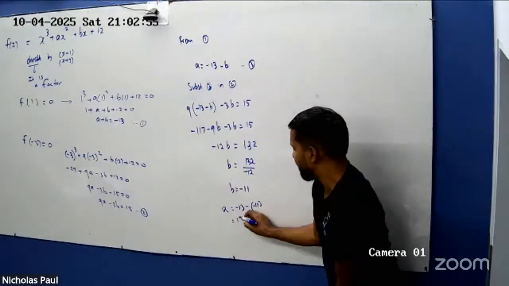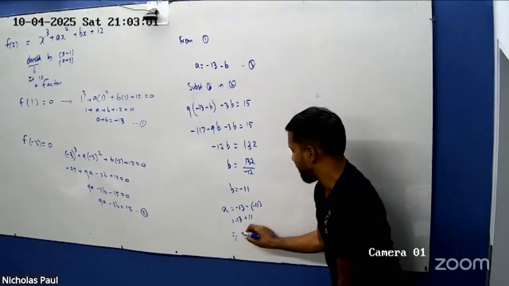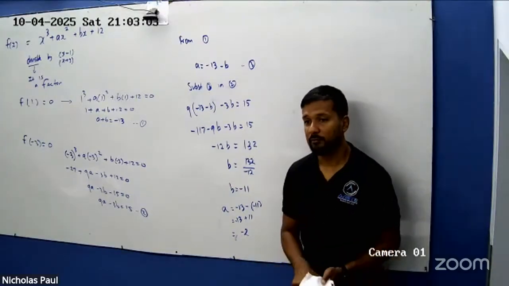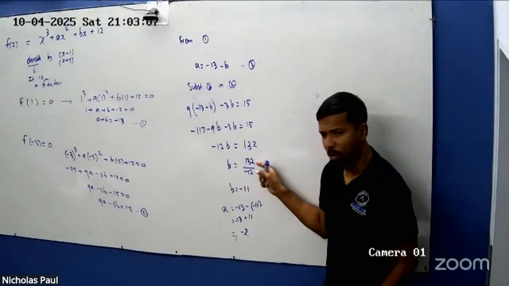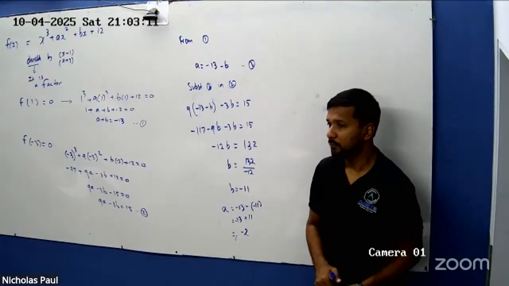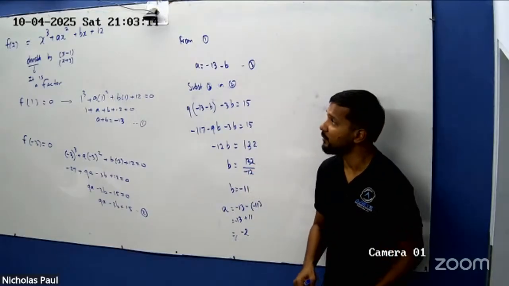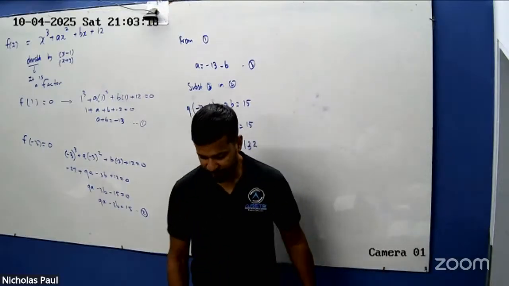So I'll get -13 plus 11. My final answer is -2. Okay with that? Where did you go wrong? Right here. Everybody else okay? Online, I wish I could get an answer from all. Just one.